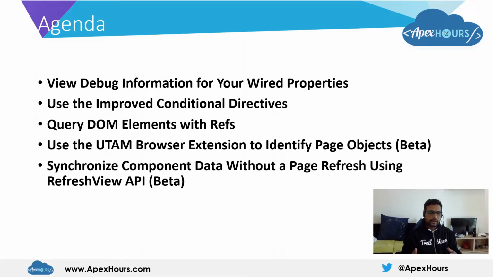Previously we debugged our wire functions with the help of data and error. But it was very hard to debug a wire property, and now you can debug your wire property in this release. So how to do that? Let me show you one by one.